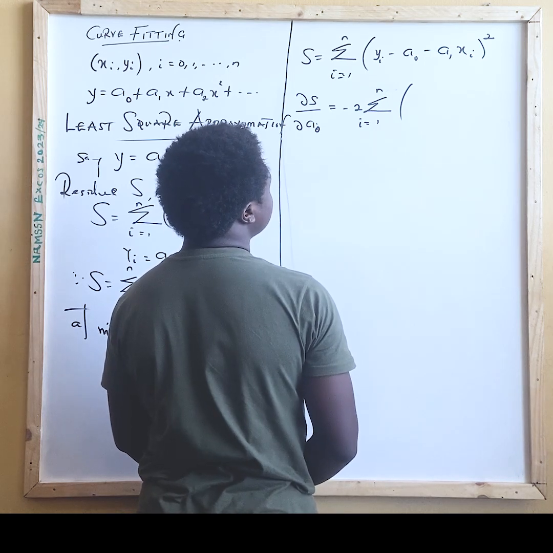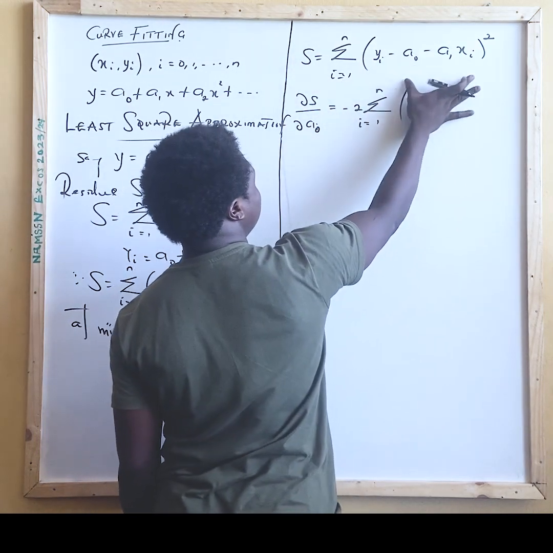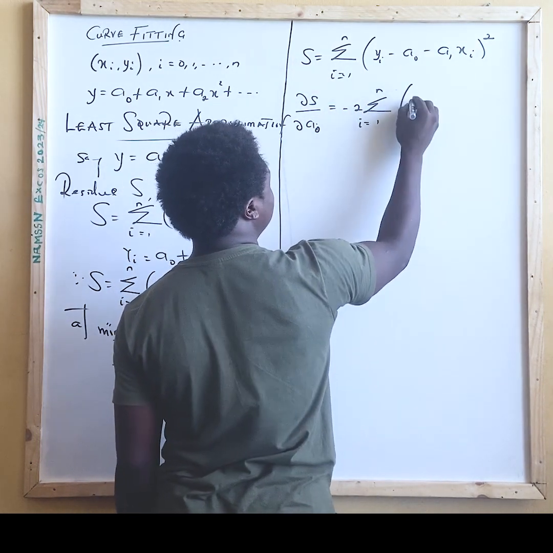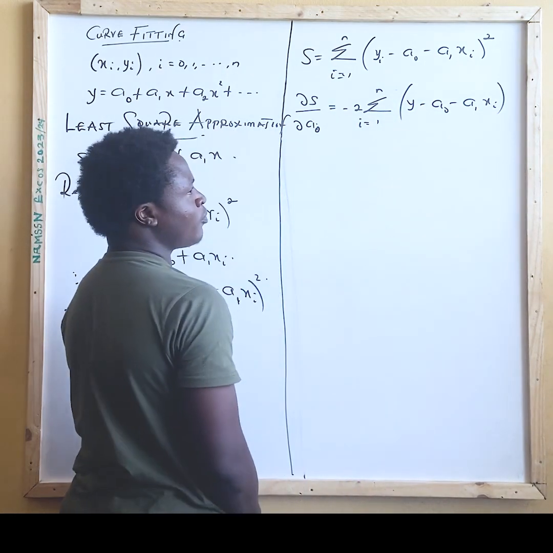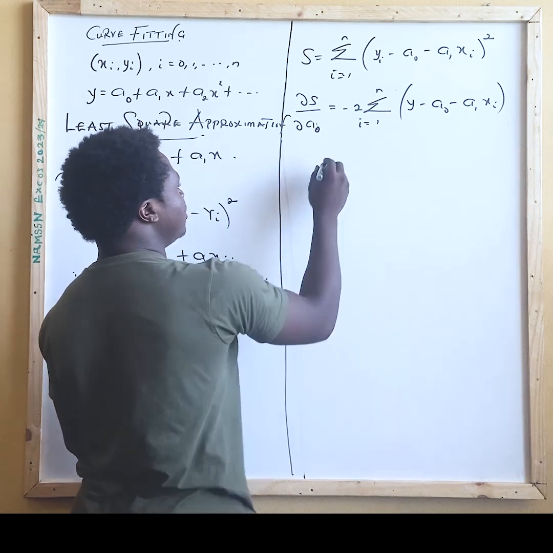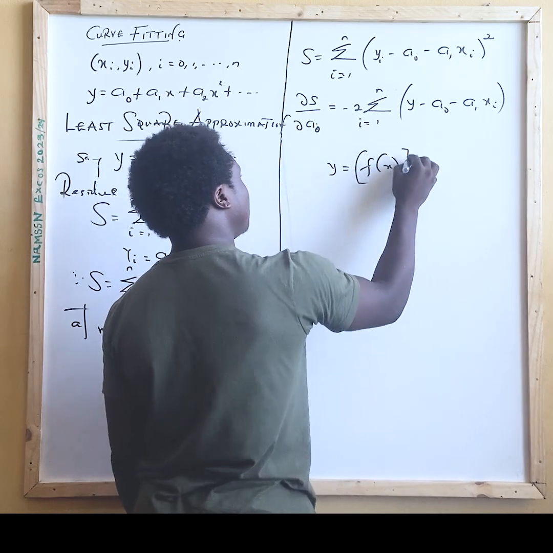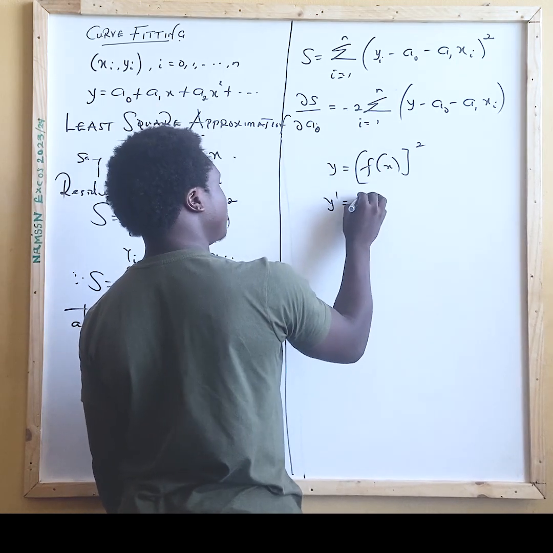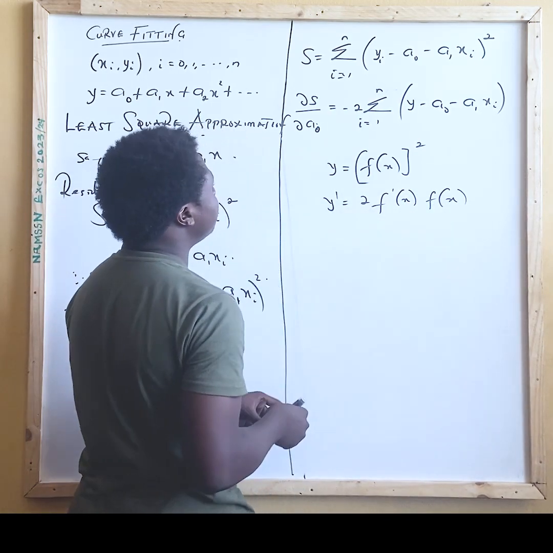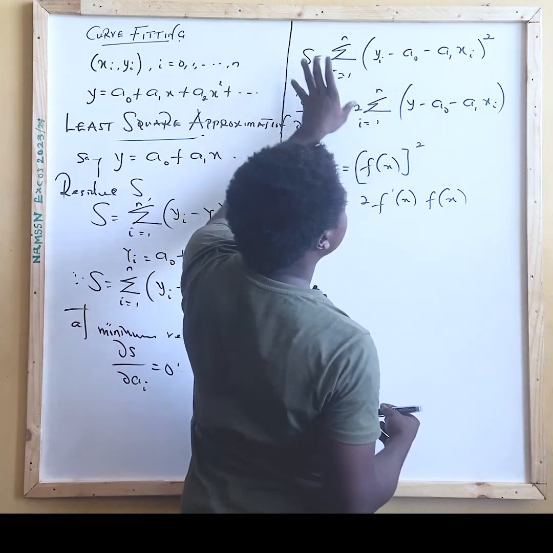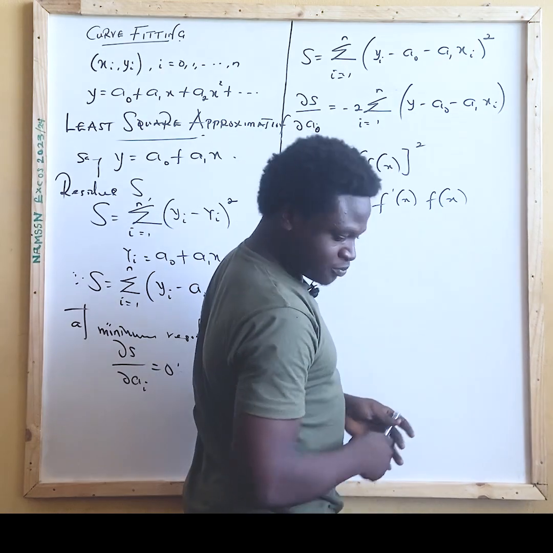Don't forget our 2 is coming down. Differentiating a naught here, we get minus 1. That's why you have yi minus a naught minus a1 xi. Remember, if you have y equal to f of x to power 2, your y prime should be equal to 2 f prime of x times f of x. So that's what we've done here. We have taken this 2 down, differentiated this whole function to get minus 1, then written this same thing back. So we have this.